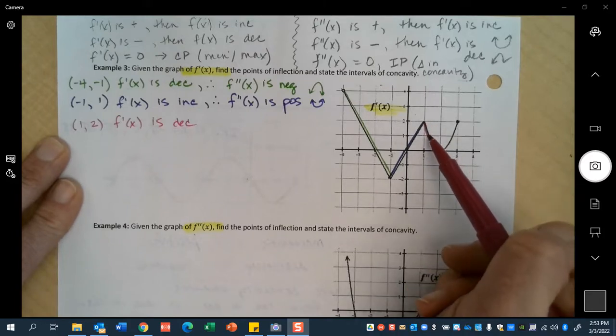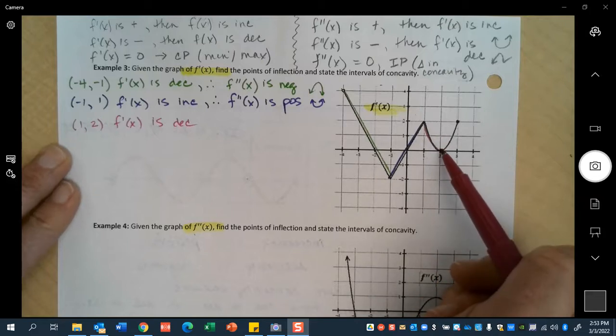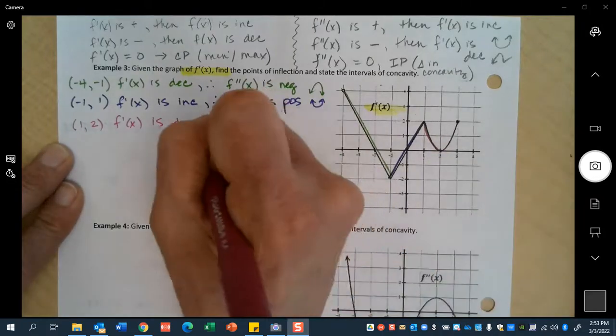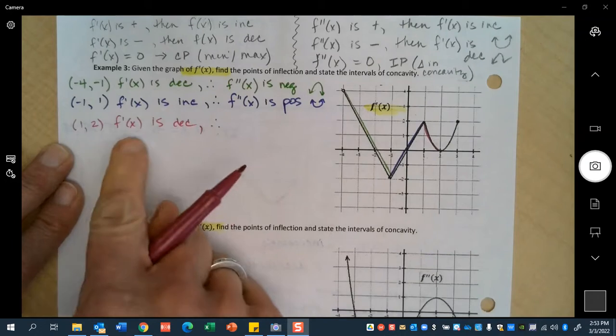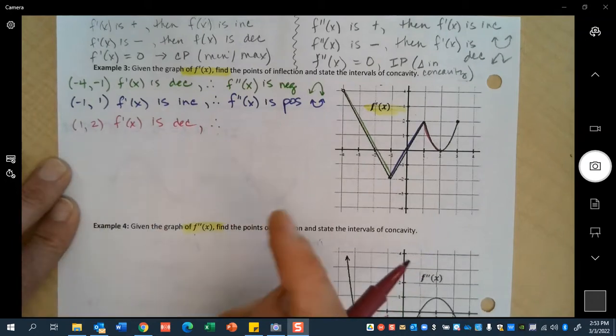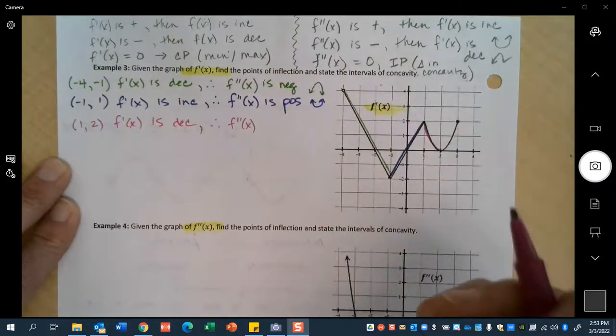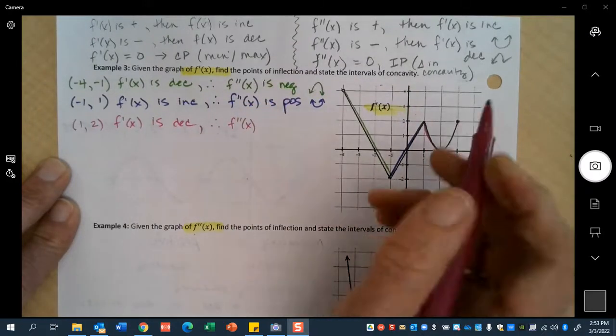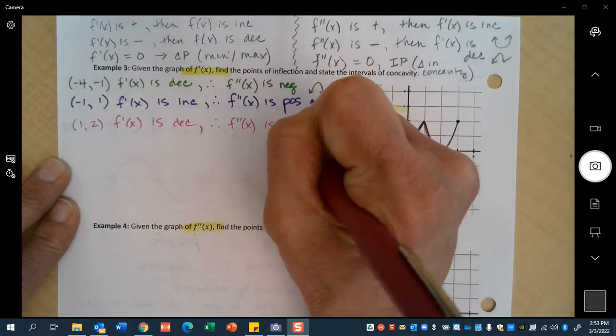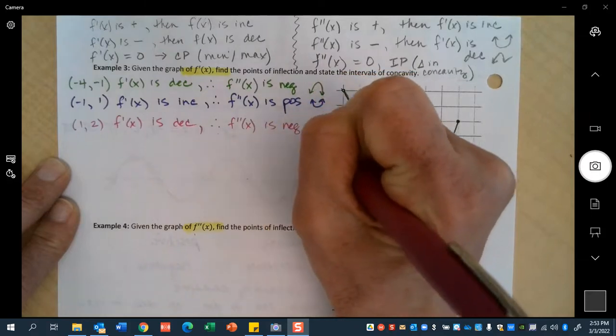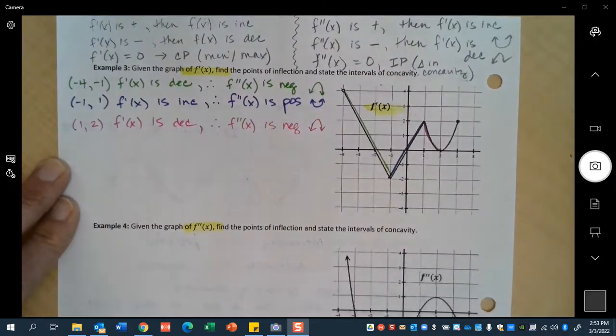Now the original graph has a slope of 1. Now the original graph has a slope of 0. Because that is decreasing, that means that my second derivative, my slope of this tangent line, is negative, which means my original graph is concave down.